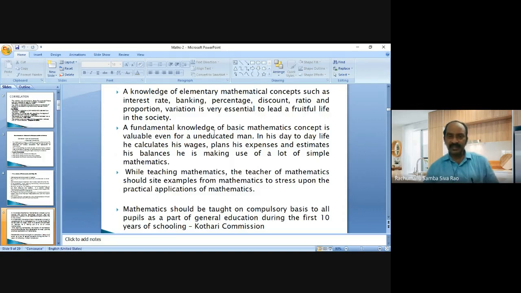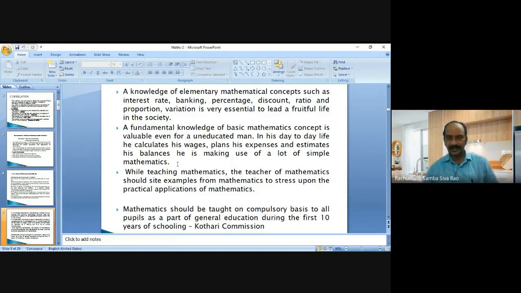A fundamental knowledge of basic mathematical concepts is valuable even for an uneducated man. In his day-to-day life, he calculates his wages, plans his expenses, and estimates his balances. He is making use of a lot of simple mathematics.